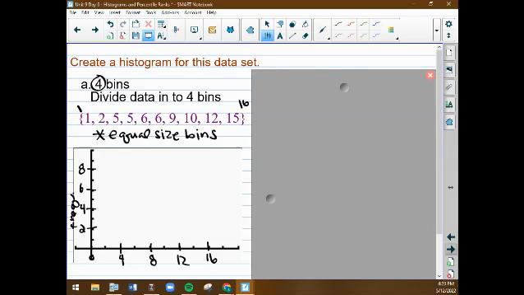Okay, so now let's look at our data. How many values do I have that fall between 0 and 4? Well, I've got 1 and I've got 2. I have 2 values that are between 0 and 4. Okay, the histogram doesn't tell me what those values are. It just tells me that there are 2 between 0 and 4.